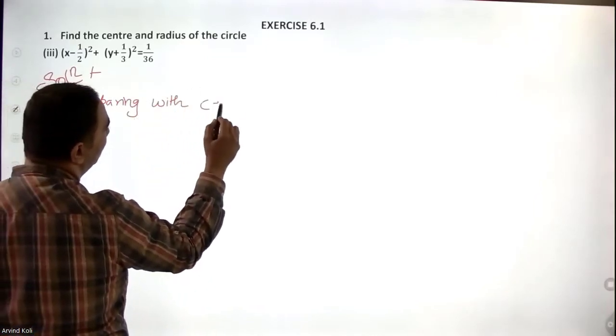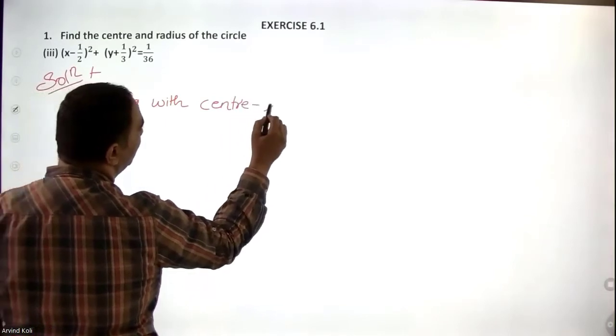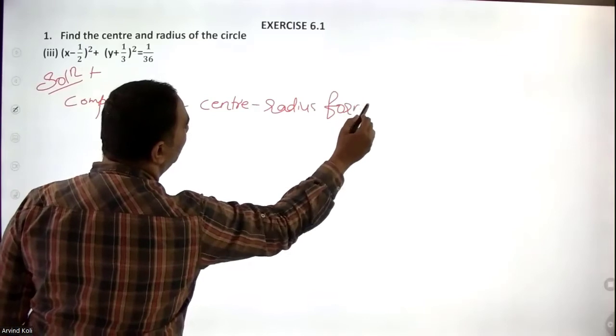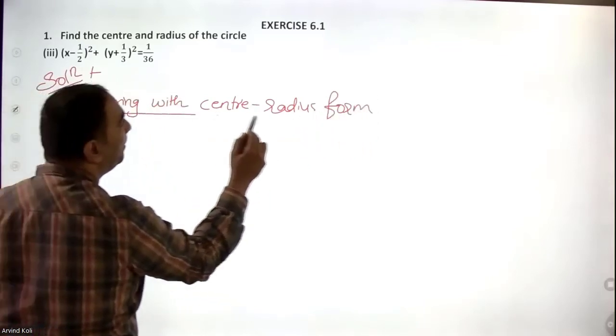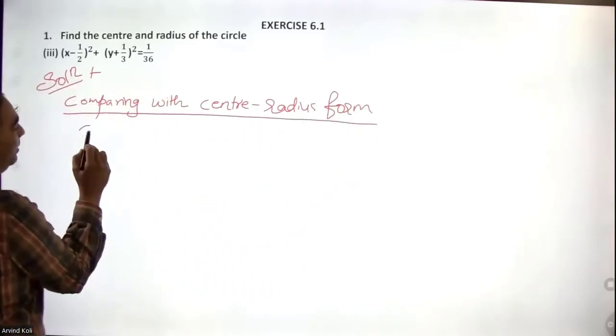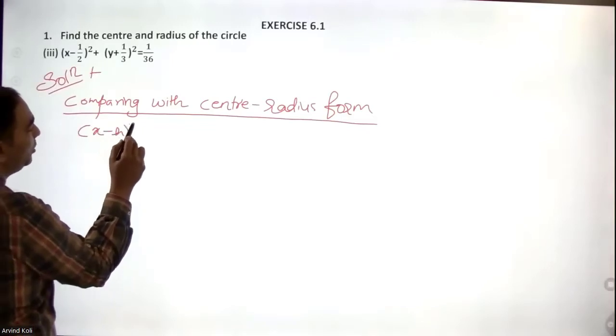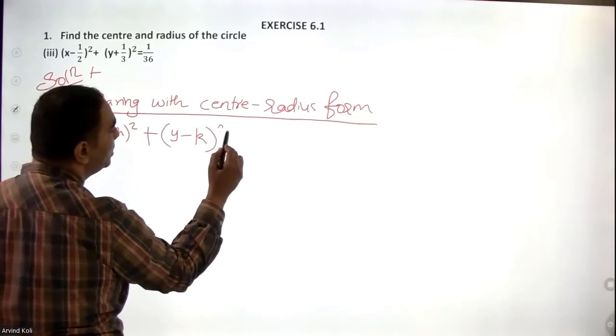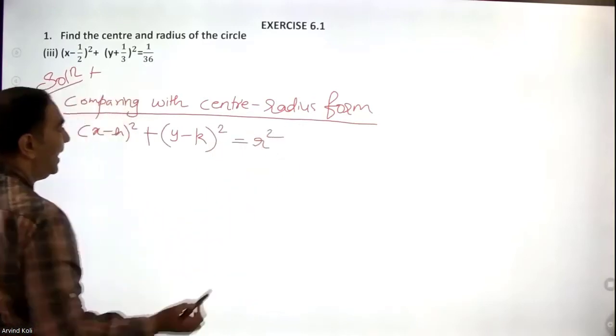Comparing with center, radius, form, and the formula is x minus h the whole square plus y minus k the whole square is equal to r square.